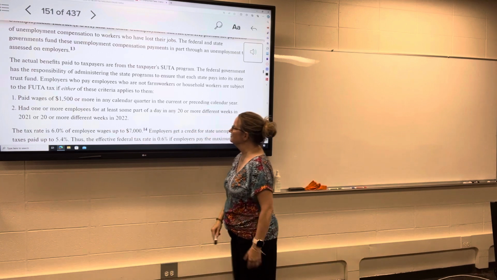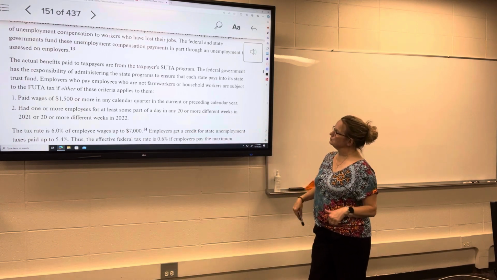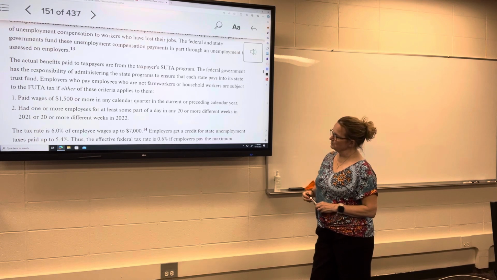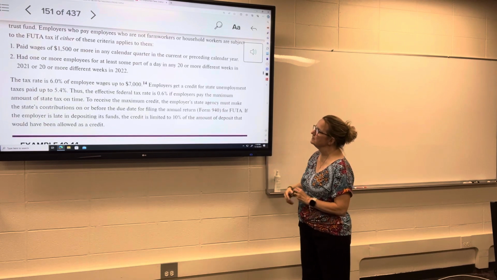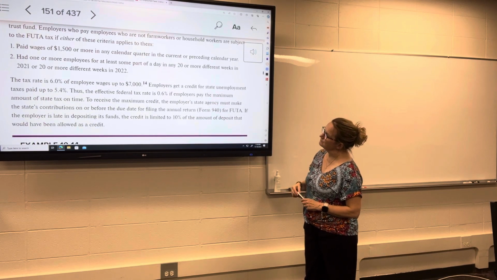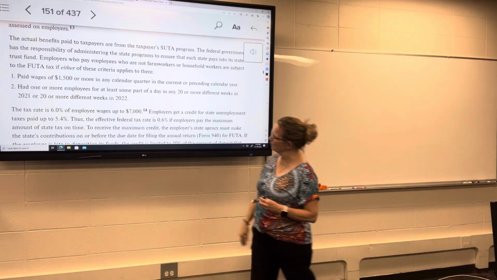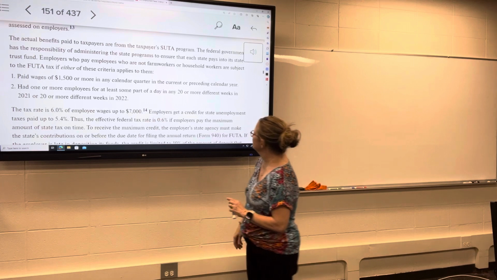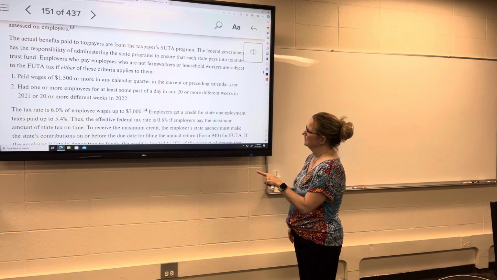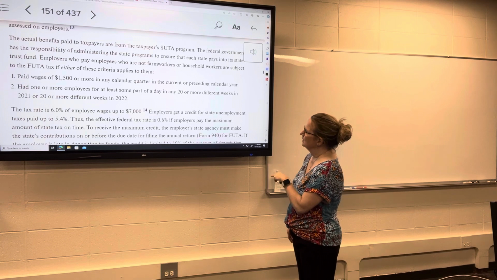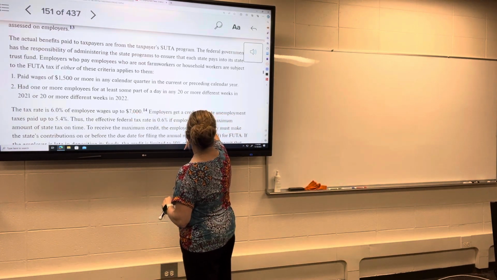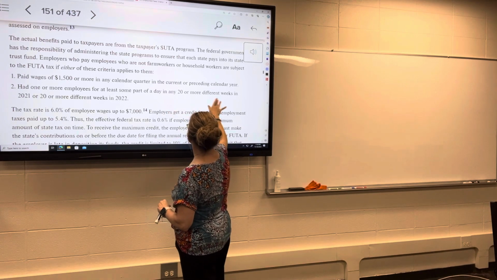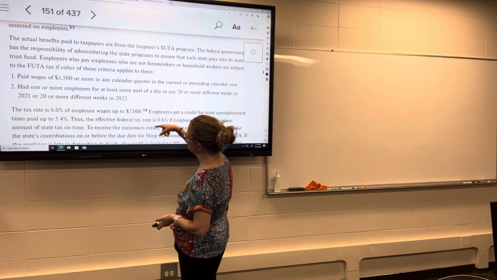If they paid wages of $1,500 or more in any calendar quarter in the current or preceding calendar year, or if they had one or more employees for at least some part of a day in 20 or more different weeks in 2021 or 20 or more different weeks in 2022.